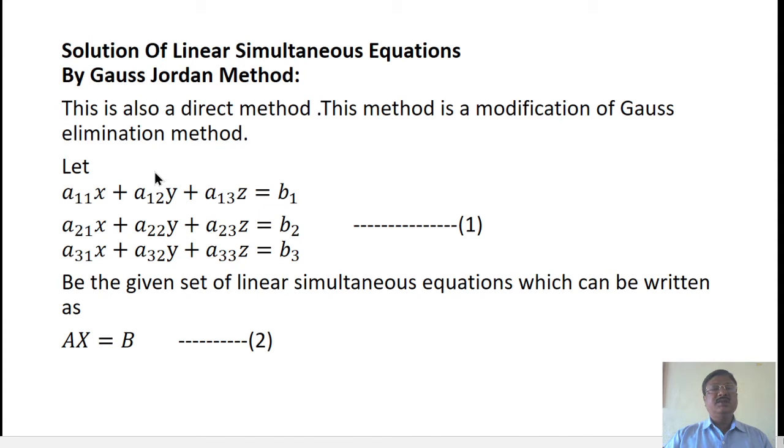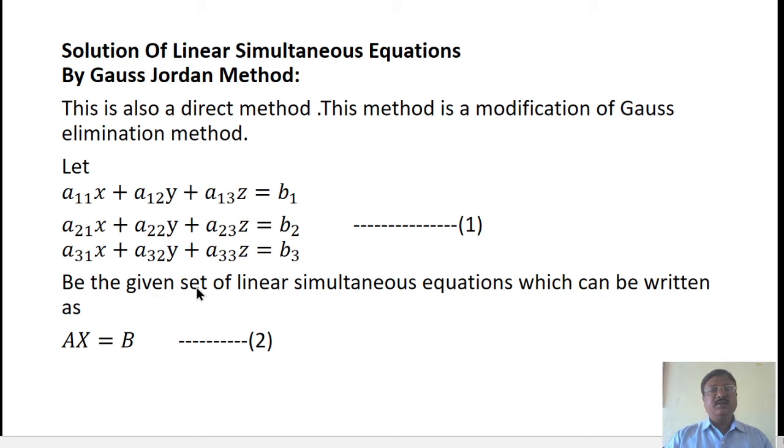Now for this method, let us consider the system of equations a11x plus a12y plus a13z is equal to b1, a21x plus a22y plus a23z is equal to b2, a31x plus a32y plus a33z is equal to b3.